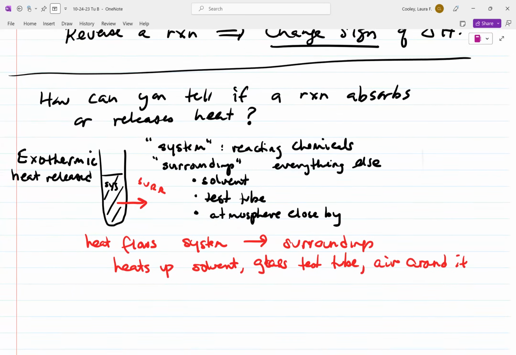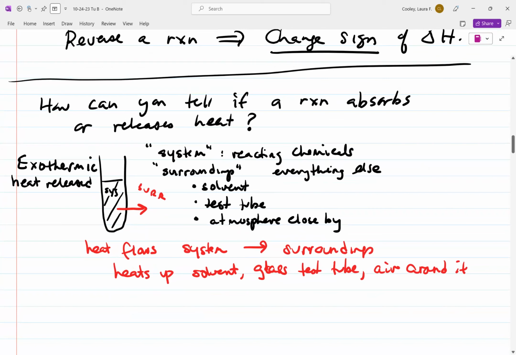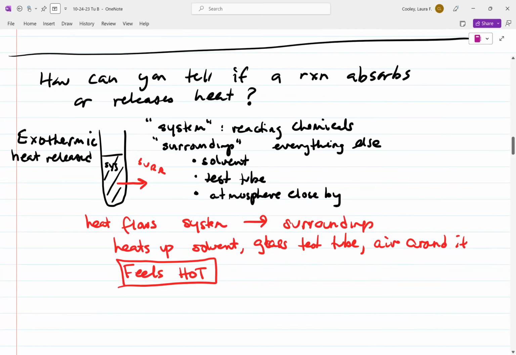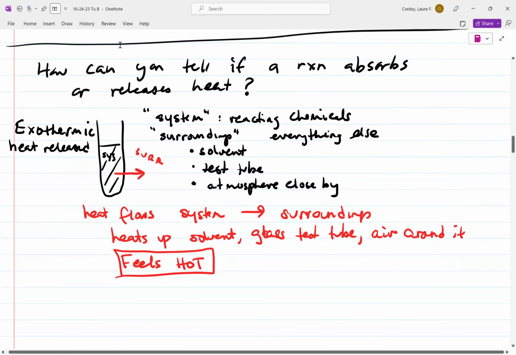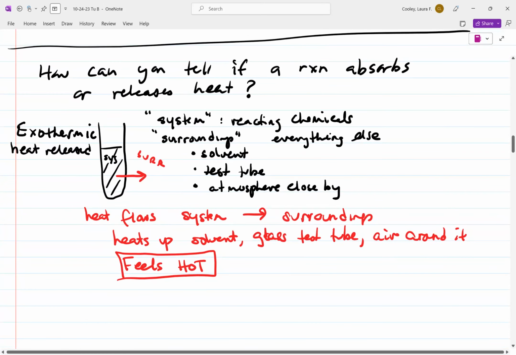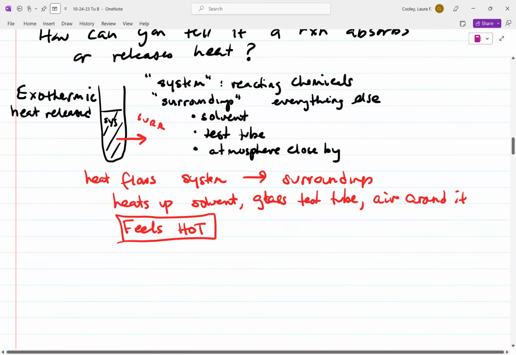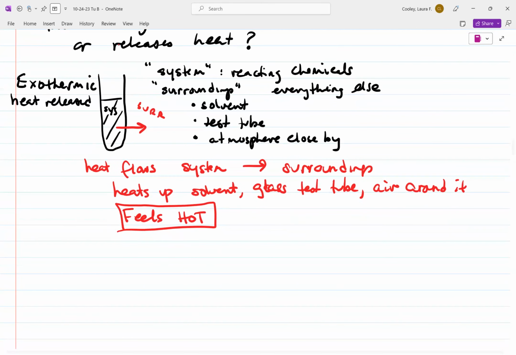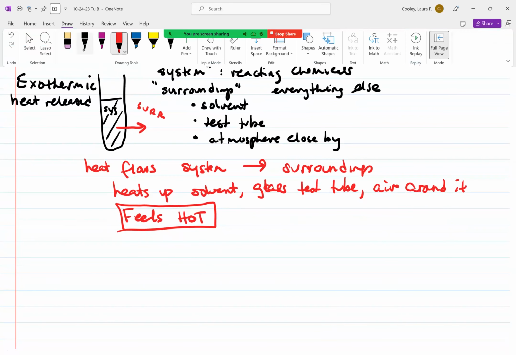It heats up your hand if you're holding it, right? It feels hot. So when you have an exothermic reaction, it feels hot. No, it feels cold if it's endothermic. I'm going to do that next. Okay? So that's the exothermic example.